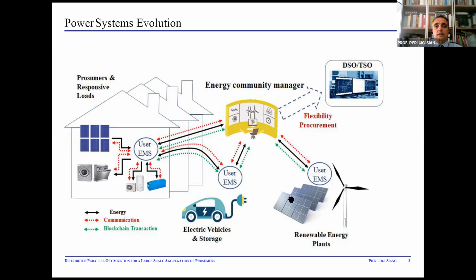By participating in the energy community, prosumers take a new role in the energy transition, and they can also improve their economic convenience and sometimes comfort, while contributing to the grid efficiency and stability.